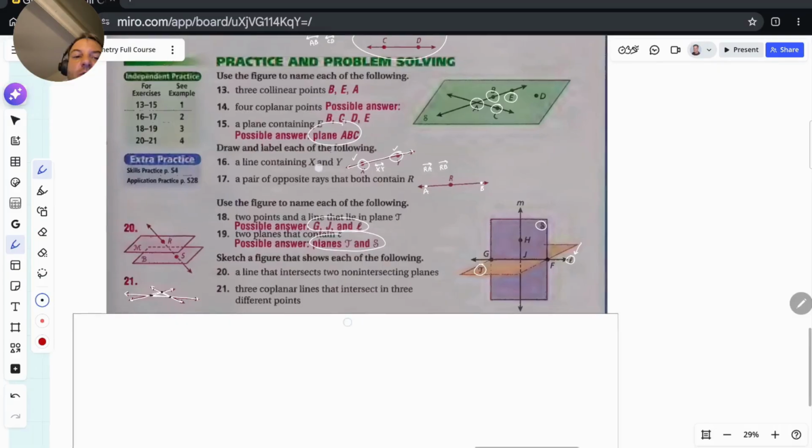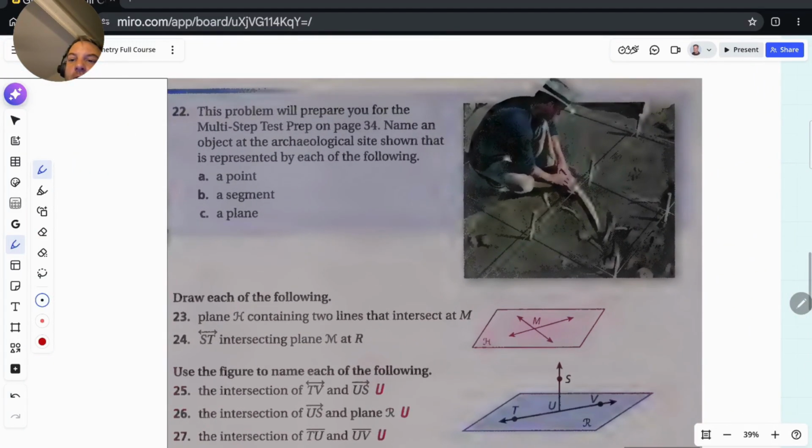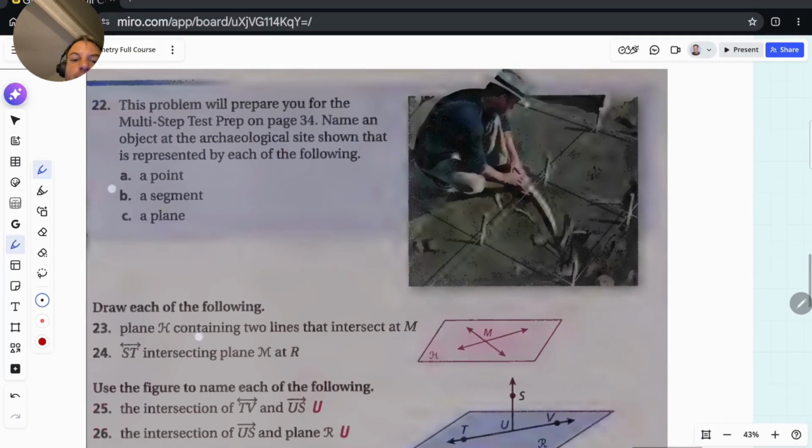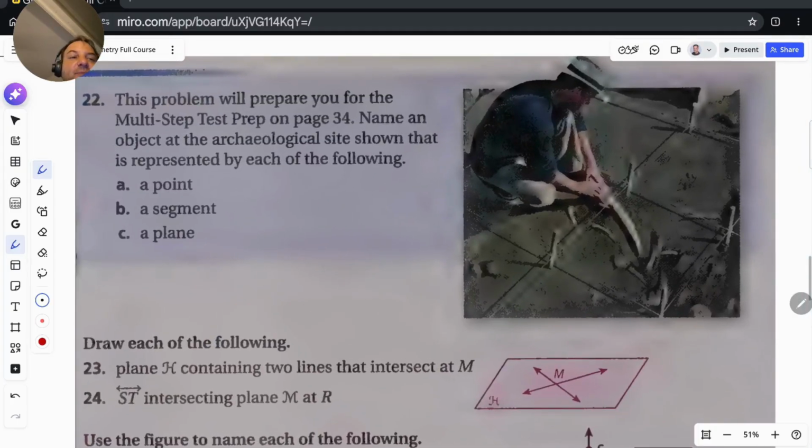All right, guys, let's continue on to number 22. This is a test prep question. All right, let's take a look at our visual. This is a photo of an archaeological dig site.